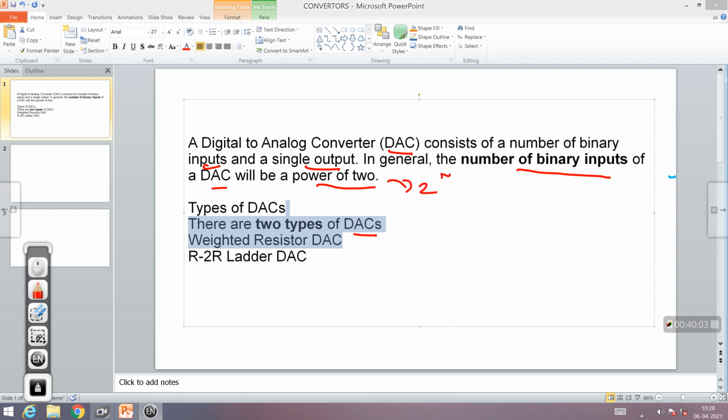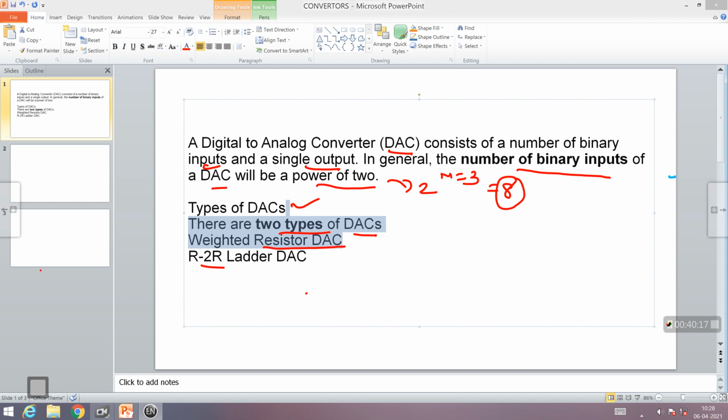In this case we are taking n equal to 3, so there are 8 possible outputs, where you get one output depending upon the input. DACs are of two types: weighted resistor DAC and R2R ladder network DAC. What I have explained in this entire video is the R2R ladder network DAC. So that covers your first digital to analog converter.